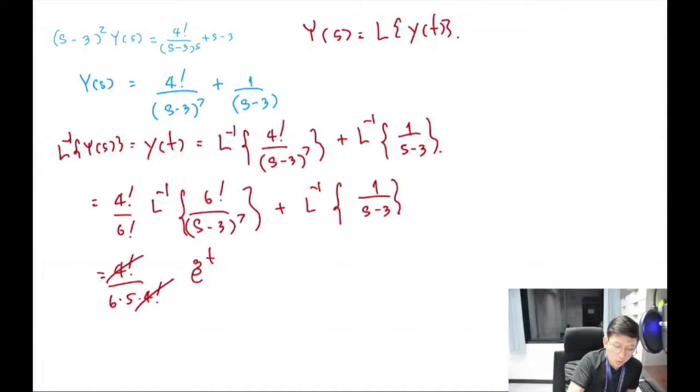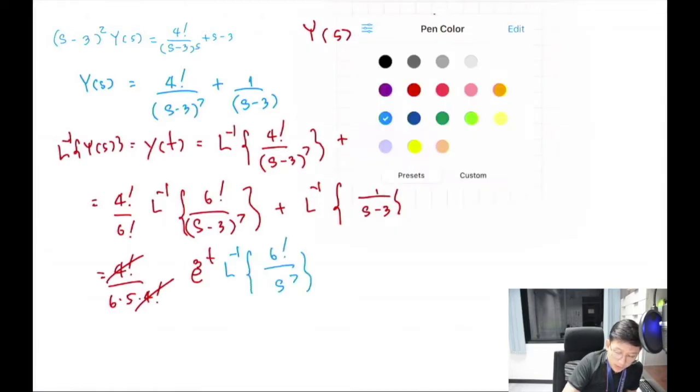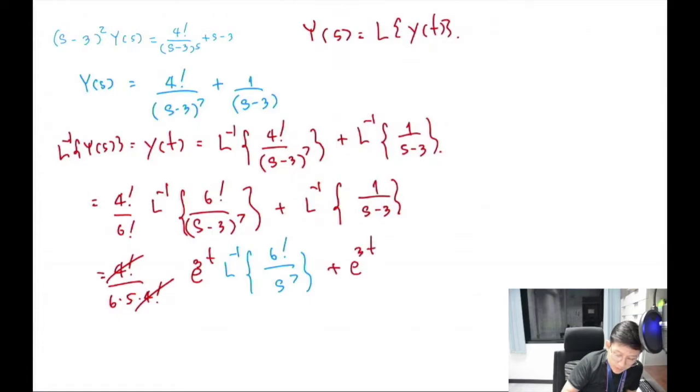So here, what we would have would be the inverse Laplace transform of 6 factorial divided by s to the 7 plus e to the 3t, and then we have the inverse Laplace transform of 1 over s.